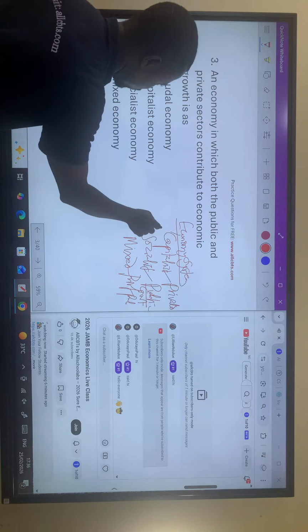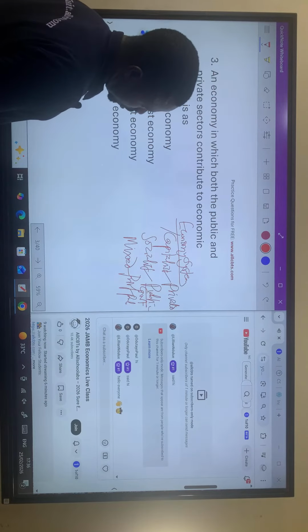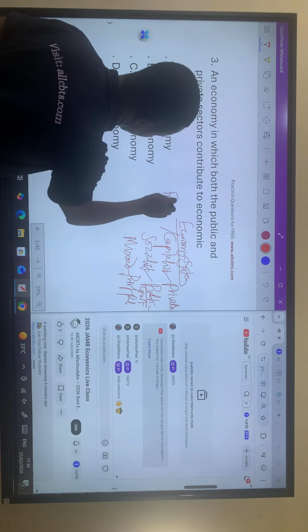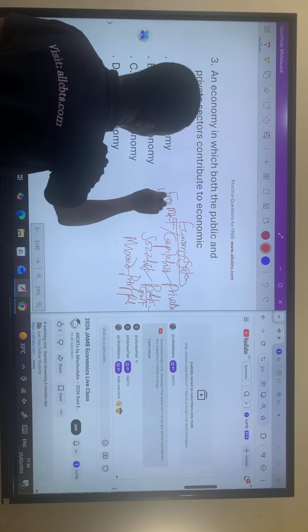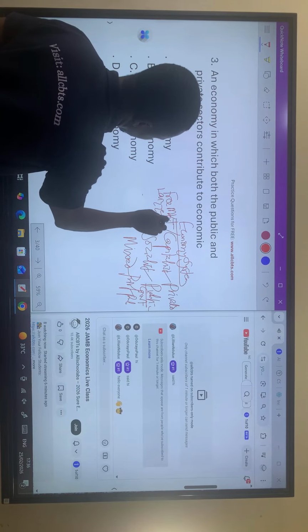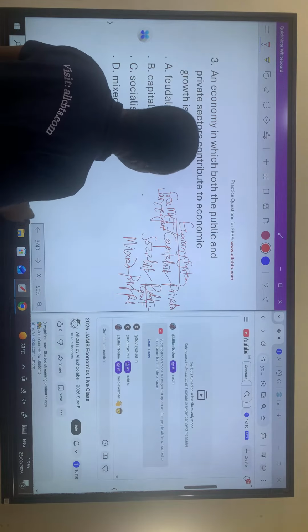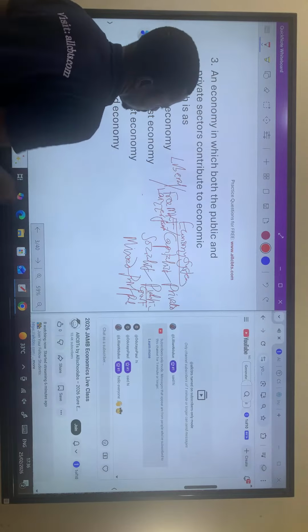Remember, we have several names for this because you may come across them in the course of this question or any other question. We may have something like free market economy. We have what they call laissez-faire economy. That's another name for capitalist. We also have what they call liberal economy.